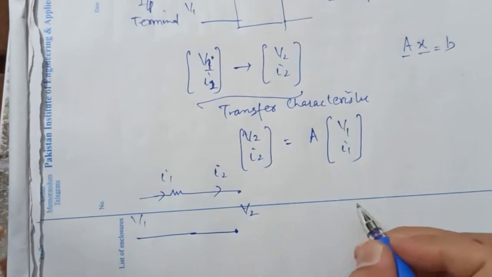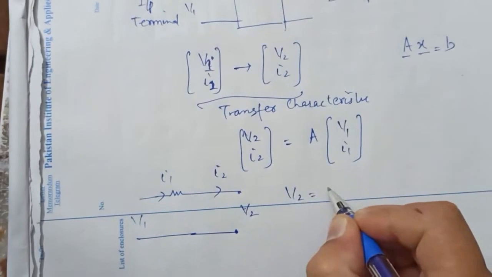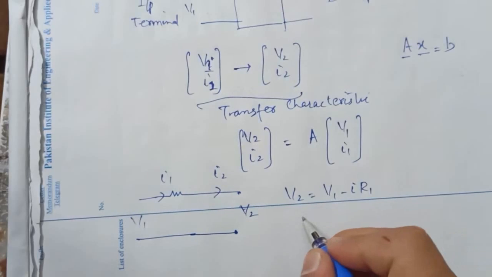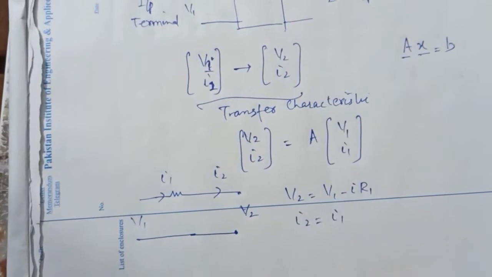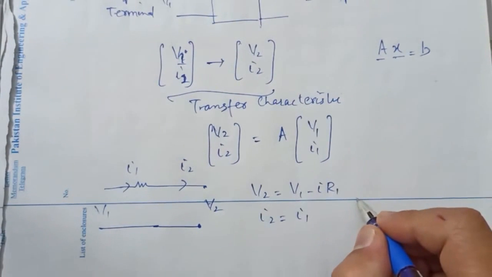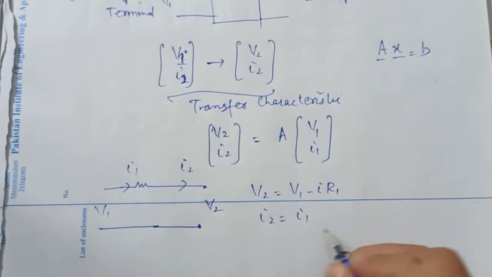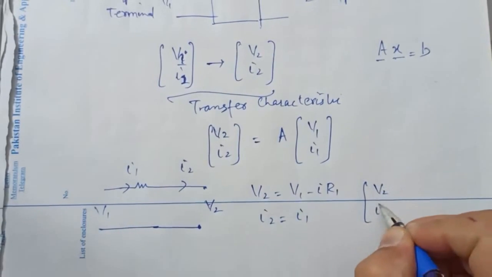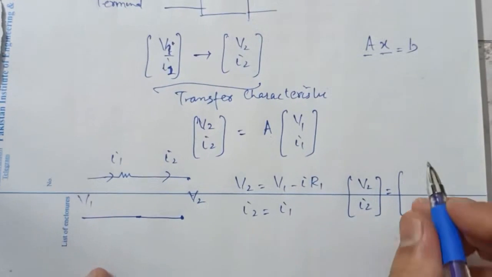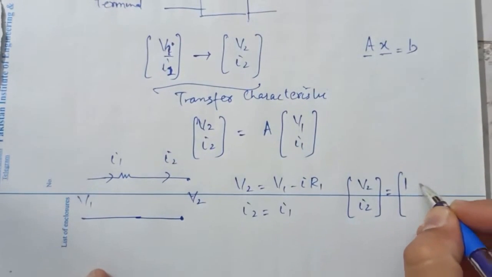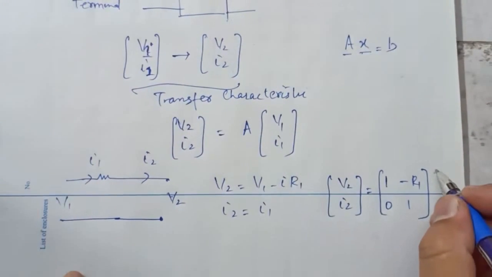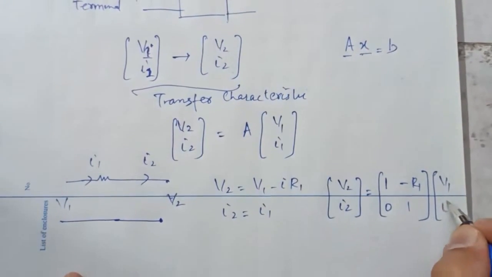We can say right here V2 is equal to V1 minus I1 R1 and I2 is equal to I1. So I can write this in matrix form: V2, I2 is equal to 1, minus R1, 0, and 1, times V1 and I1.